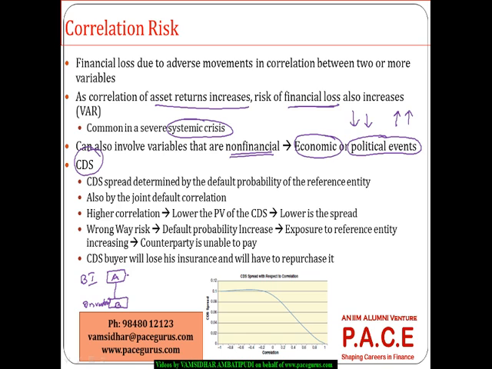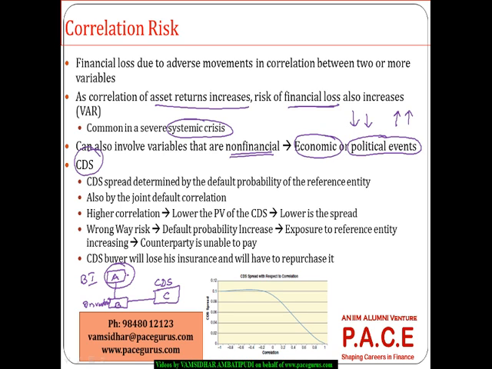Because B is thinking that A will default, B will purchase a credit default swap, which is like a protection on this reference asset. So if A defaults, C is going to reimburse the loss to whatever extent that A has defaulted.